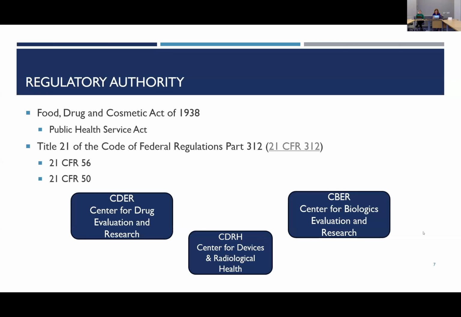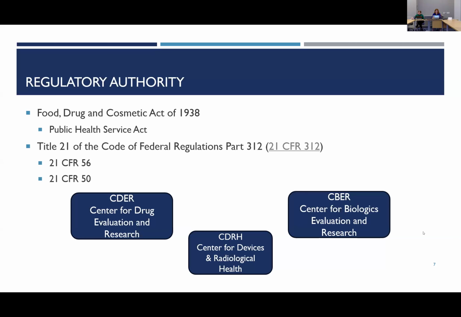There are certainly several other regulations that govern other aspects of research and new drug development. Primarily, the ones you're familiar with are 21 CFR 56 for IRBs and 21 CFR 50, which also includes protection of human subjects or informed consent.